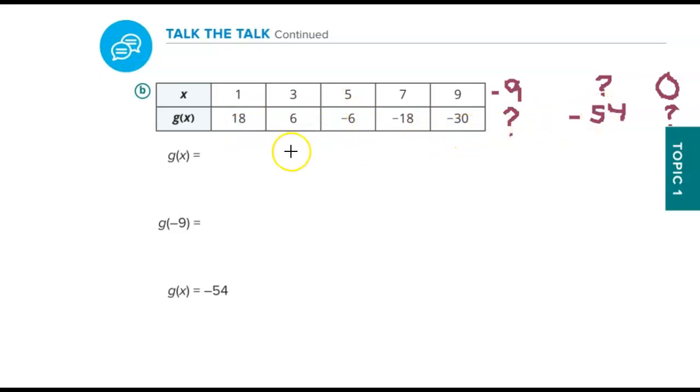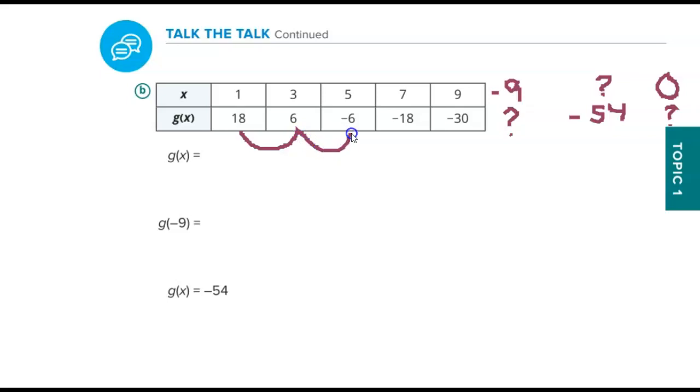As we're moving in this direction, I see that this is -12, because the difference between 18 and 6 is 12. And then if I do 6 minus 12, I end up at -6.